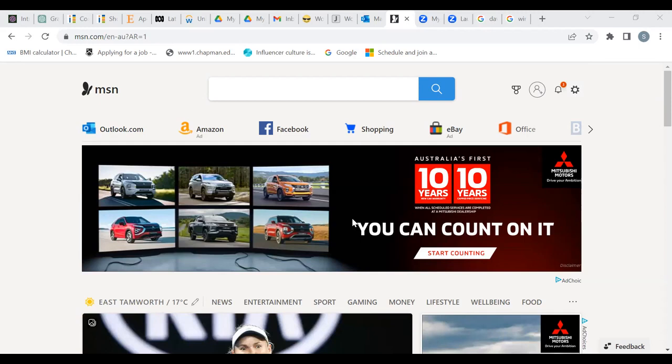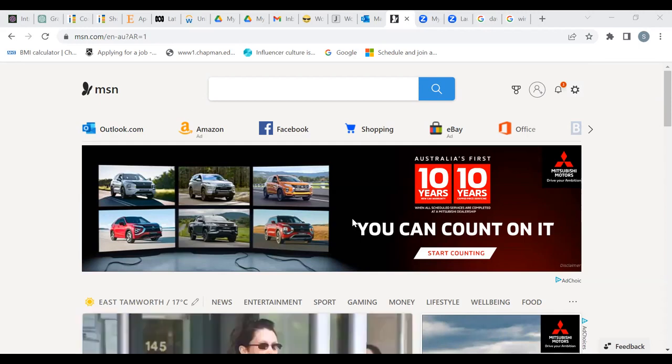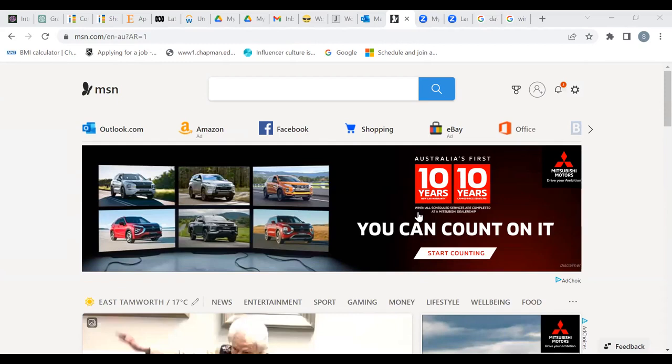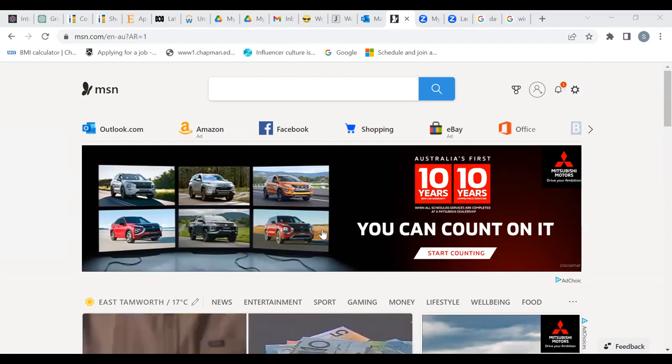If you were searching for cars, for information, then they're going to show information over here. So for example, this is more about information. 10 years of warranty, 10 years of capped price servicing, it's all about the schedule and about the reliability of the car that you can count on.